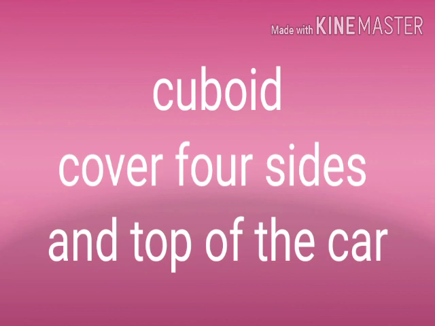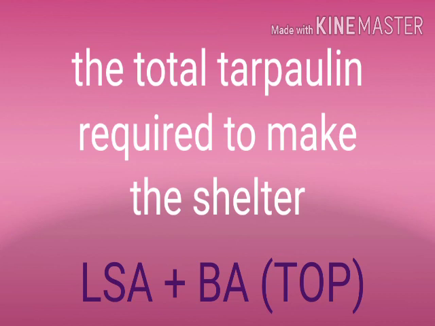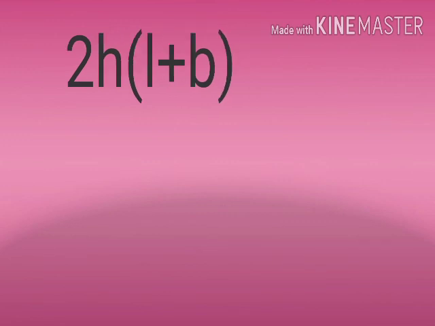No need to cover the bottom. So here we have to find LSA plus base area. So here the total tarpaulin required to make the shelter equal LSA plus base area. That base means top. So that is 2 into H into L plus B plus LB.